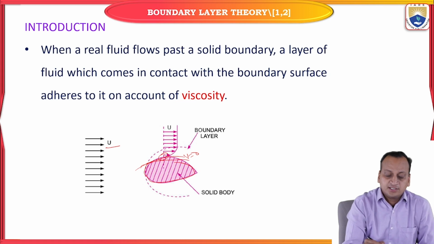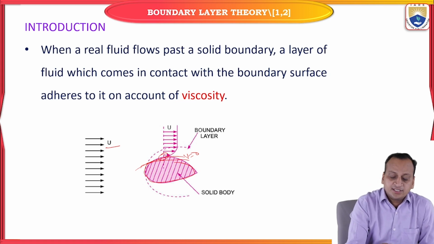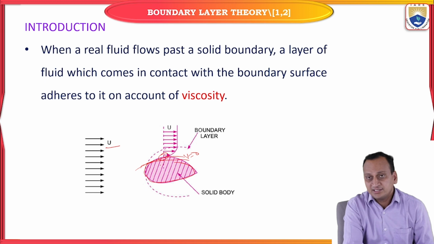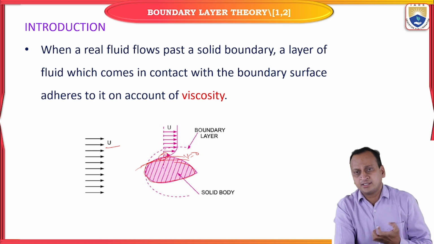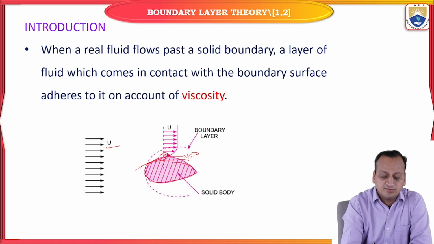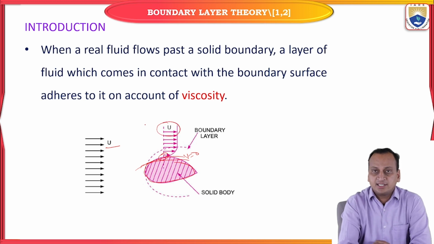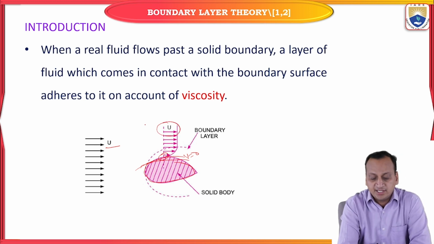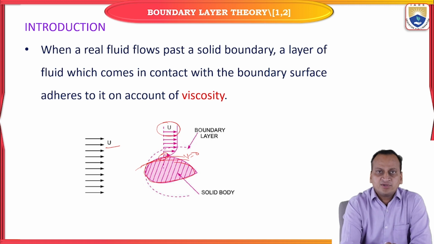Gradually the retarded fluid layers are decelerated, and the velocity gradually increases from zero to the mainstream velocity in the direction perpendicular to the solid body boundary. At some point it reaches the free stream velocity. Gradually the velocity varies from zero to the maximum velocity, which equals the free stream velocity.